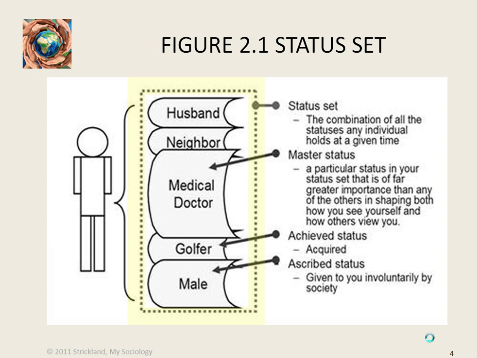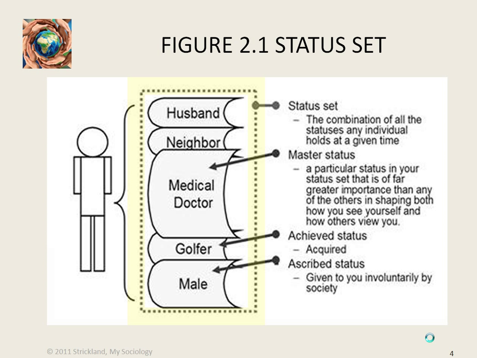Each status position is typed inside of a closed figure representing that status position, and taken together, they're the status set for our stick figure in this figure. The stick figure has a status set that includes husband, neighbor, medical doctor, golfer, and male. In this illustration, I've suggested that medical doctor is the master status for the individual.